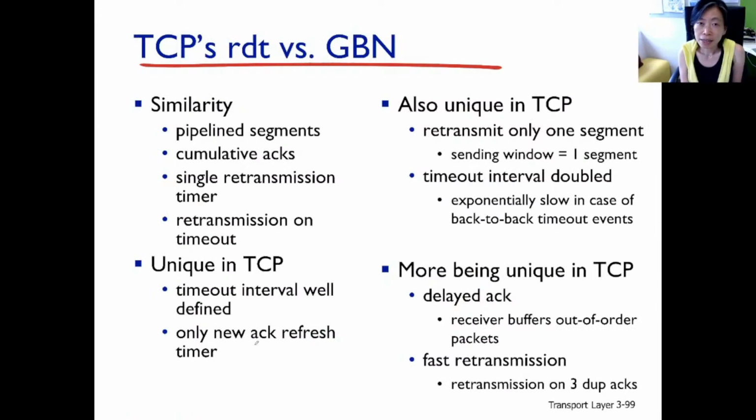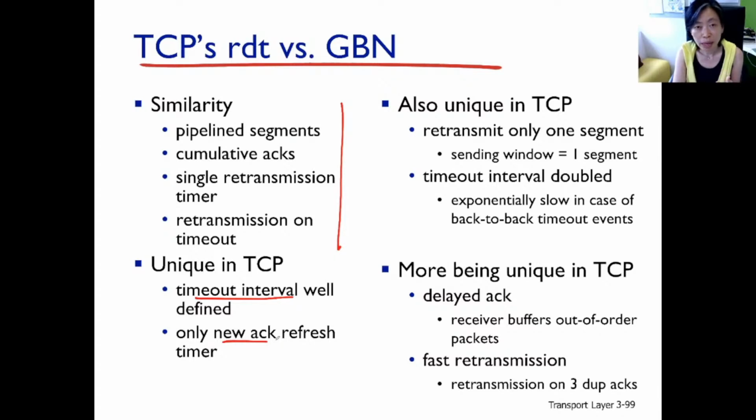This is the last slide to summarize TCP's RDT. TCP's RDT is essentially Go-Back-N, so the base is Go-Back-N. But TCP being something that we actually need to implement and see running, it defines very clearly the equation to derive the timeout interval. TCP is also a little bit more performance conscious, so the timer will only get refreshed when there is a new ACK.